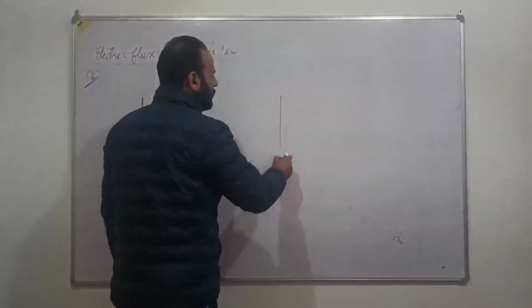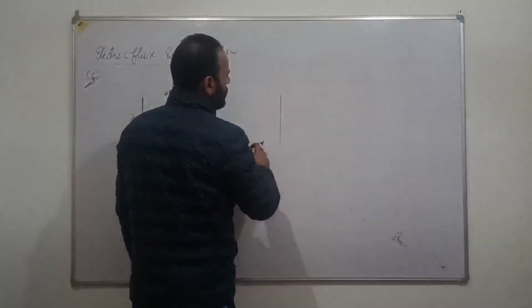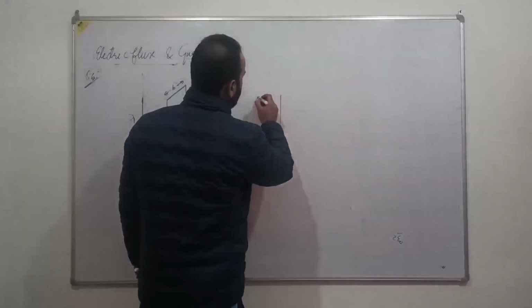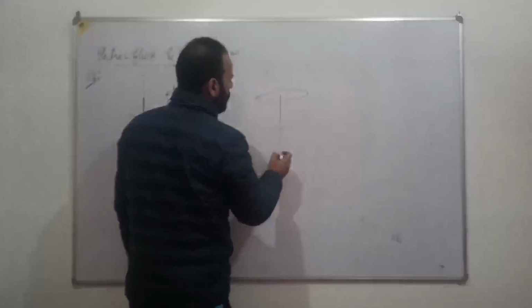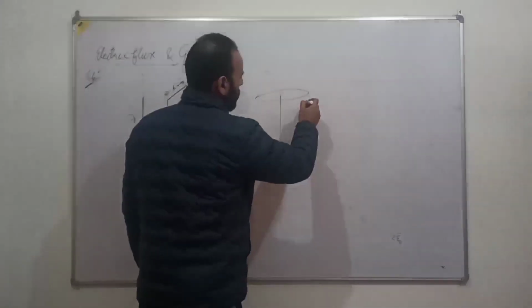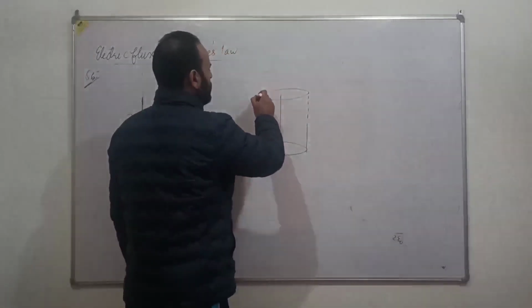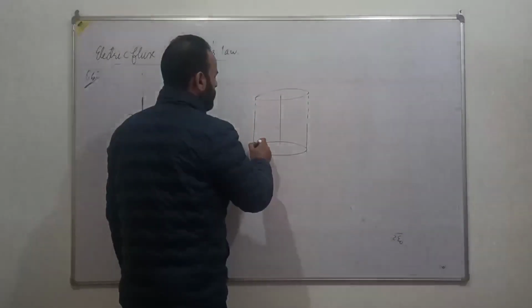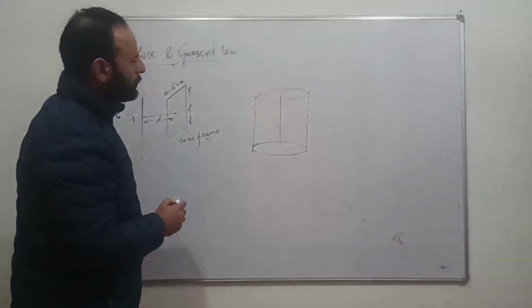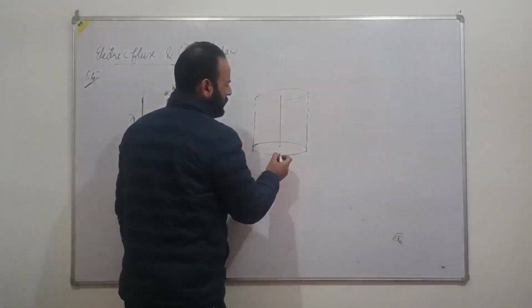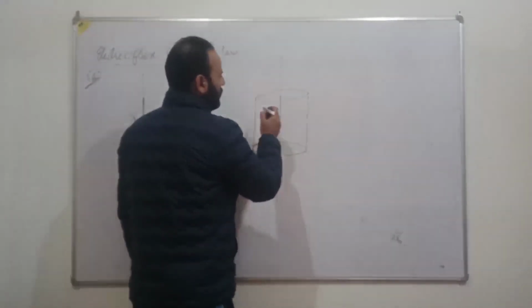So I take the line charge and imagine a Gaussian surface that is symmetrical with respect to this line charge, say a cylinder, such that this Gaussian surface contains the wire frame. This is lambda.